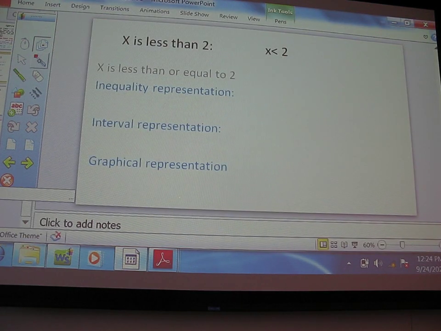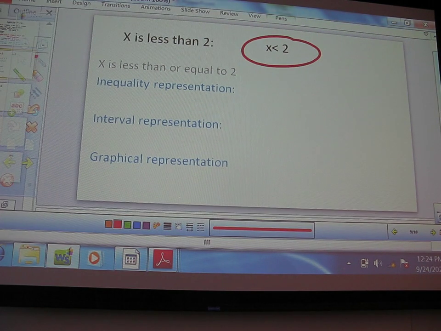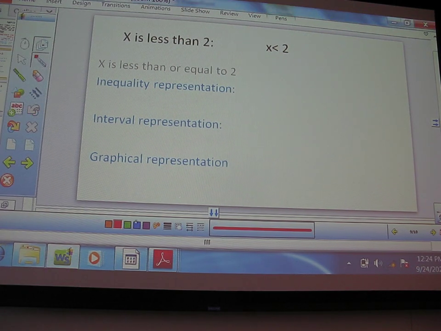So this one, this right here, what does that mean? It definitely means less than. Which one's less than which? X is less than 2. If you are unsure how to tell which direction it goes, because it's going to come up pretty often, I use the fish.